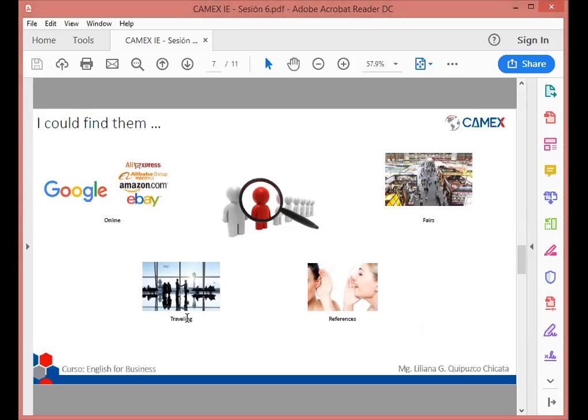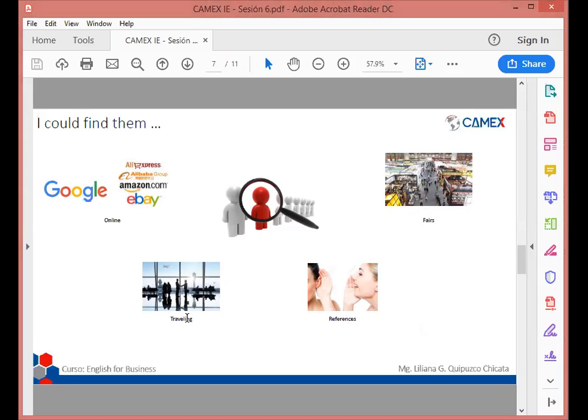Remember that there are also chambers of commerce and organizations like ADEX that organize commercial missions. In Spanish they are called misiones comerciales.